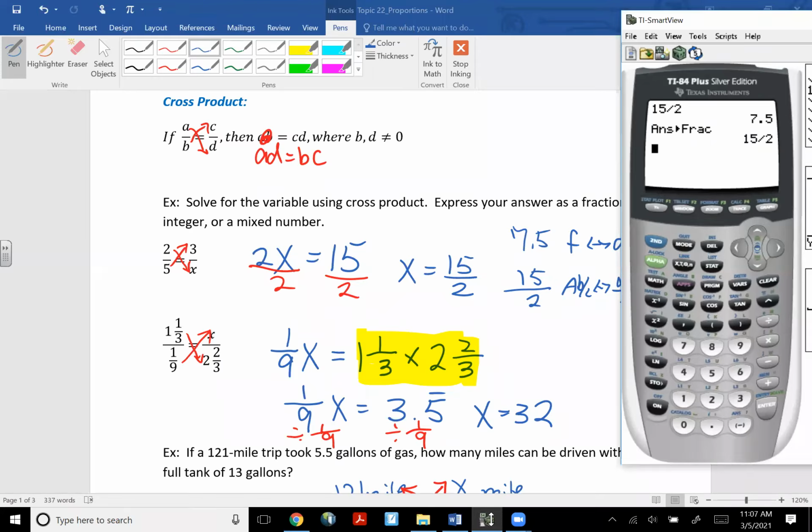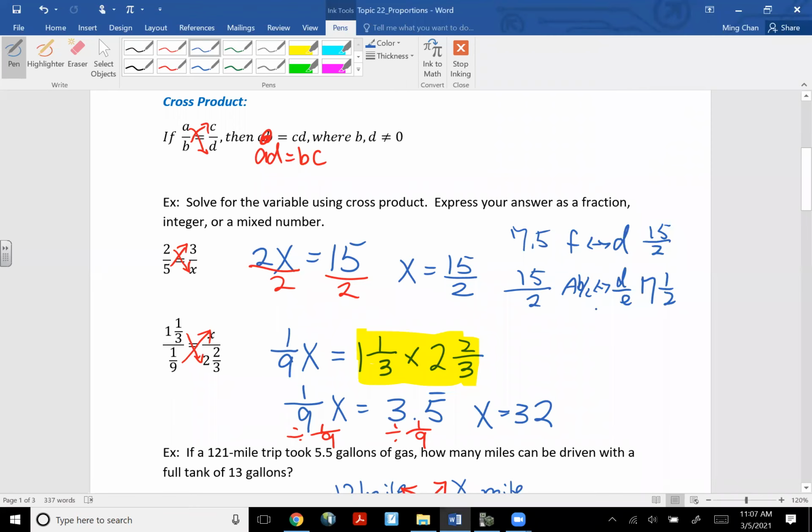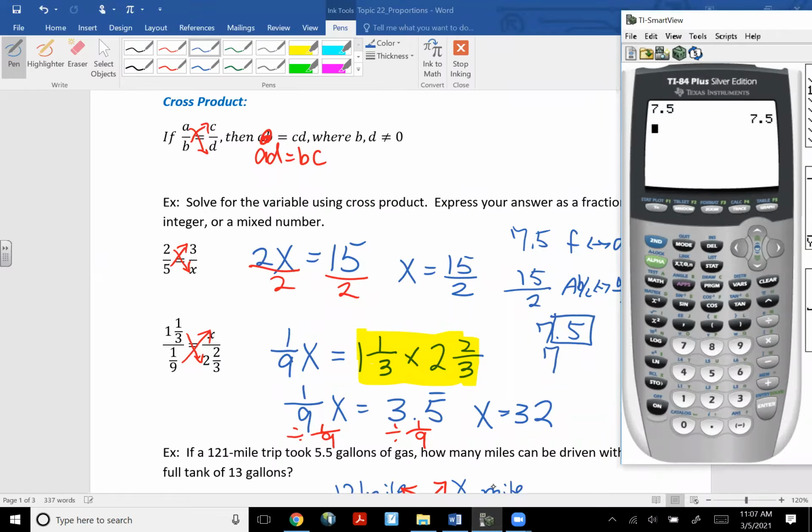Now for a graphing calculator, it's a little bit tricky. Once I register the 7.5 in my calculator, my whole number is already established at 7. So it's the 0.5, the decimal places, that I need to convert into a fraction.